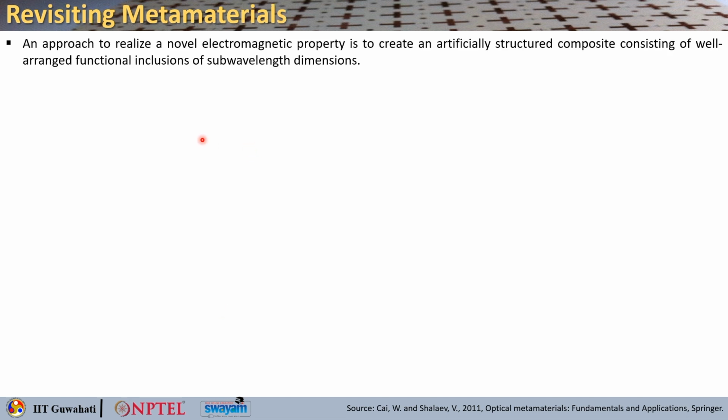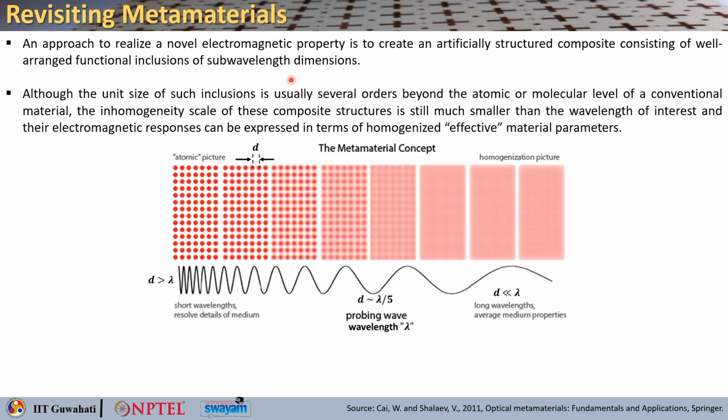So, if you revisit the metamaterial concept, you will see it is an approach to realize a novel electromagnetic property, okay, from an artificially structured composite. And for that, what is important is that you are basically making some functional inclusions in a properly arranged manner, and those inclusions are typically sub-wavelength in dimension.